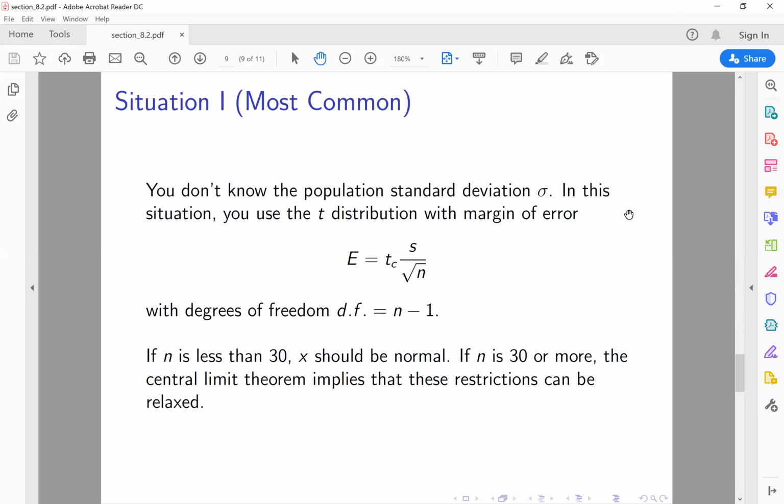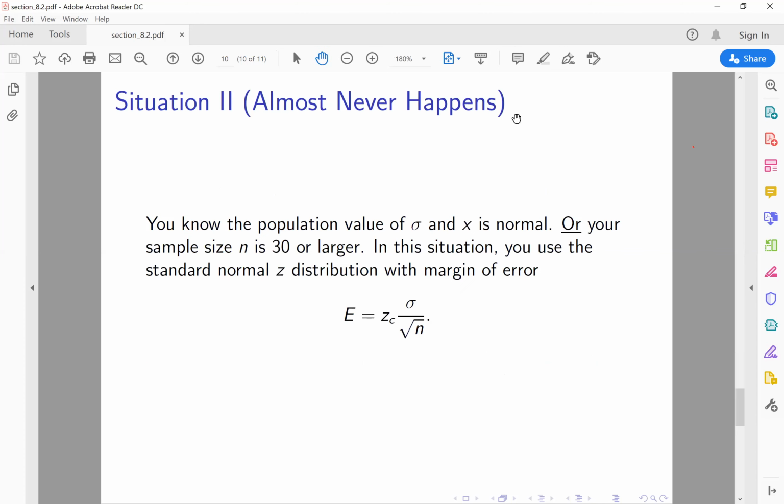The most common is that you do not know the population standard deviation, so you want to use a t-distribution. However, this requires you to know one of two things: either your sample is coming from a normal distribution, or your sample size is 30 or more. The second situation, which almost never happens in practice, is that you know the population standard deviation, and then you use the method we used before.